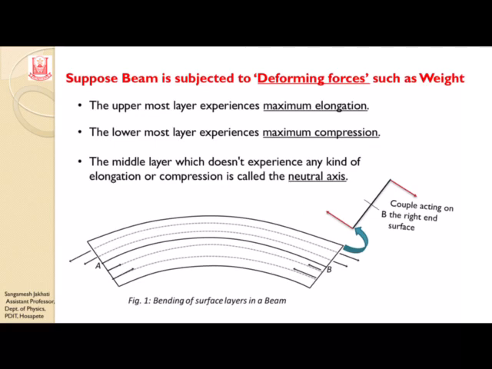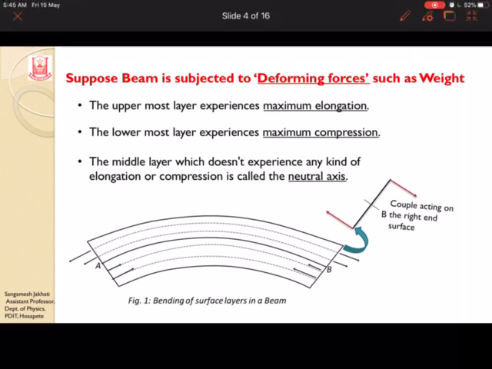Here you can see there is a force acting in one direction and in the opposite direction another force is acting. One force is an elongation which is acting in this direction, another force is a compression which is pulling inwards. So these are two equal and opposite forces which constitute a couple.